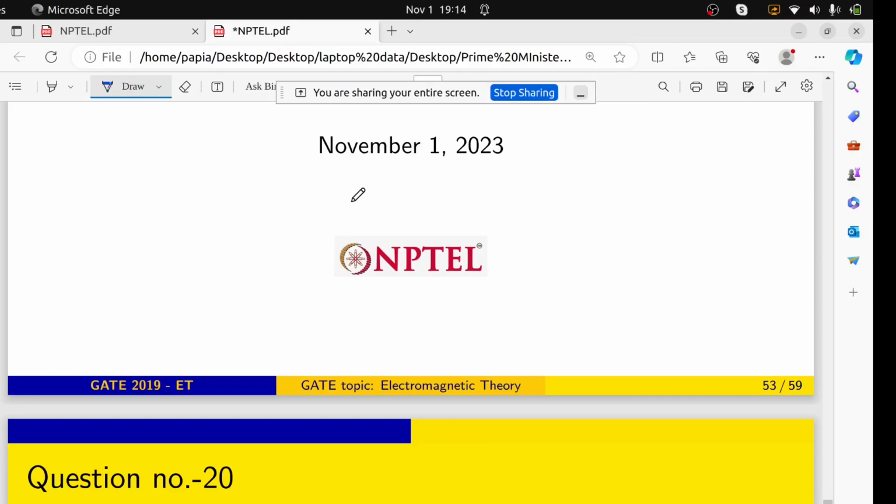Jackson is more difficult, very difficult for us. I understand. Jackson is a little bit difficult, but there are too many concepts inside Jackson. That is the main thing. If you can read that one, that will be very good. But yeah, Griffiths is also fine.